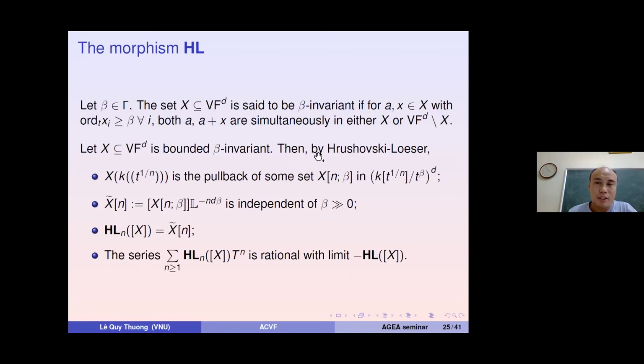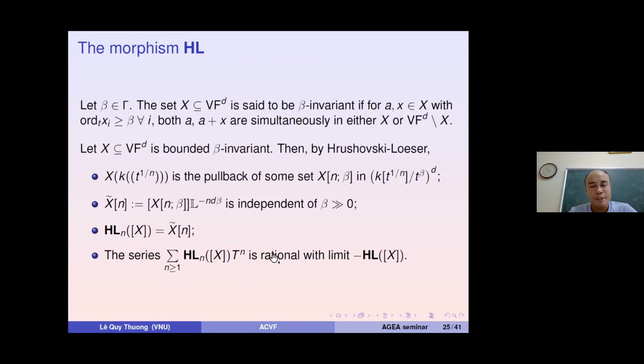So by Hrushovski-Loeser, they can compute the image of X under SLN, and especially they can prove the series SL, the formal power series, is rational without using the resolution of singularities.